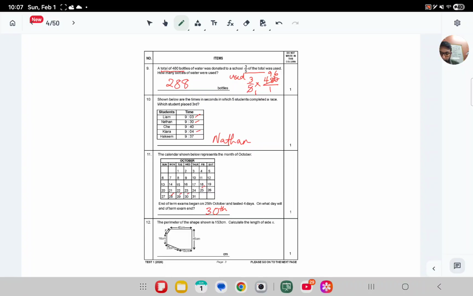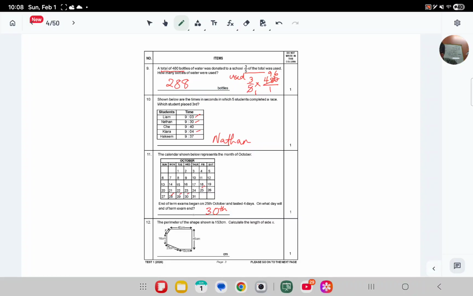Number 12. The perimeter of the shape shown is 153 centimeters. Calculate the length of side x. We know perimeter is the distance around the entire shape, right? So if you know the entire distance around and we need to only find one side, all we need to do is to find out the sum of the sides given and then take it away from the total, because we know when you add all the sides, that is how you get the total.